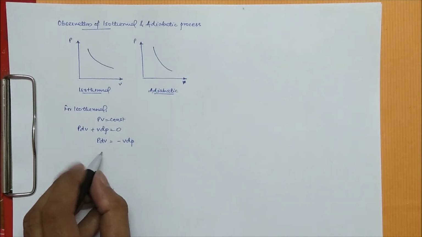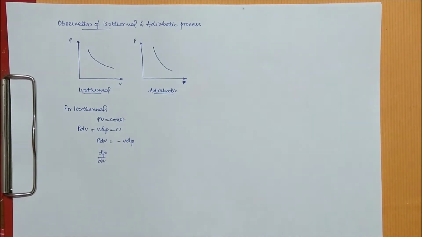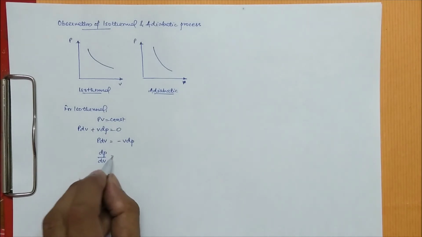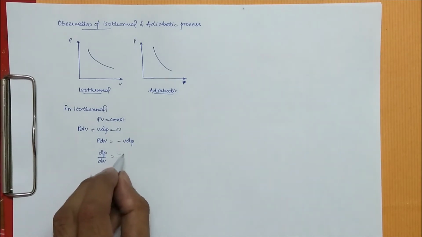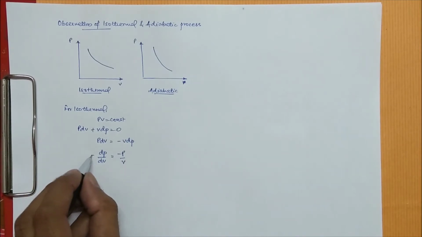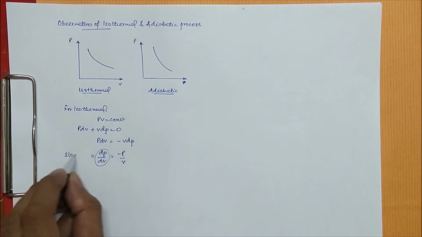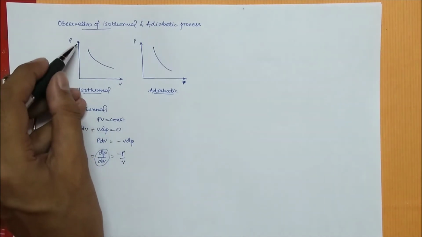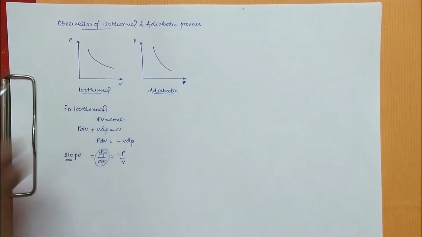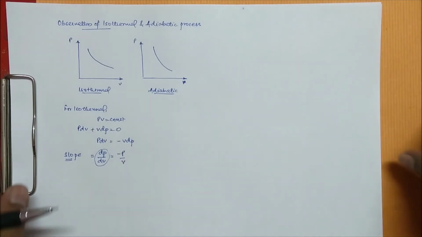Then if we go for dP by dV, it is equal to minus P by V. And what is this? dP by dV is the slope of the curve, because the plot is between P and V.